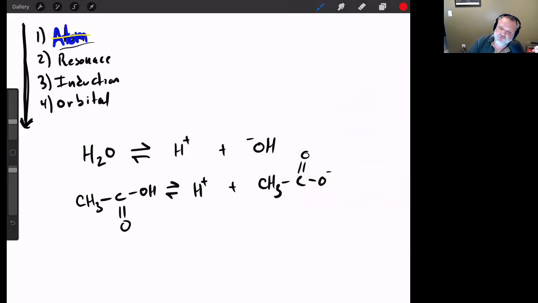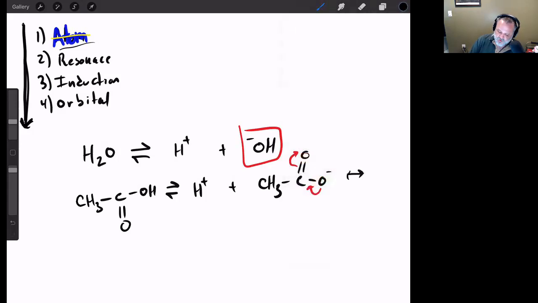If the electrons are localized, they're less stable than electrons that are delocalized, as long as all other considerations are equal. And in this case, all the other considerations are equal. We're looking at negative charges on oxygen atoms. But there's a difference between the carboxylic acid and the OH ion. The OH ion does not have any sort of resonance where the carboxylic acid does.